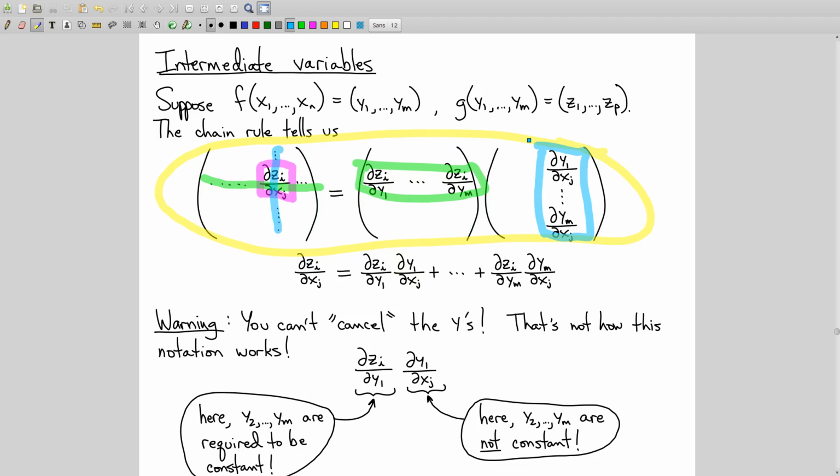And then I literally just do a dot product. So altogether, this is the formula that you get. The formula for that one particular element of the composition derivative is computed as a dot product: all the various elements of that green row multiplied by all of the various elements of that blue column and added together, as dot products do. Everybody good?